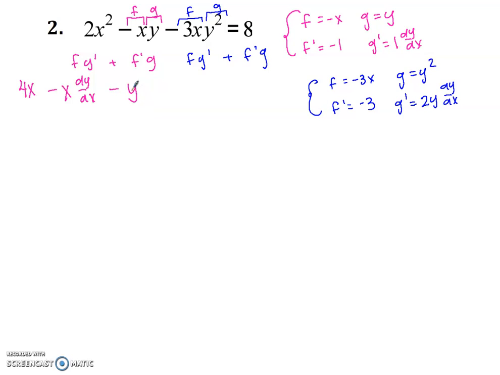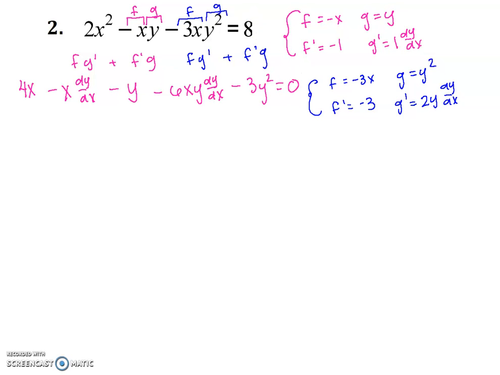So then continuing from here, next I'll add the f g prime. So that is negative 3x times 2y. So that will be negative 6xy dy dx. Then plus f prime times g, so negative 3 times y squared would just be plus a negative 3y squared, so minus 3y squared, and then equals, don't forget after all of that to take the derivative of the right side, which would just be 0.